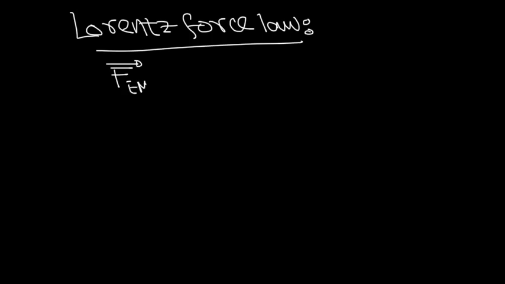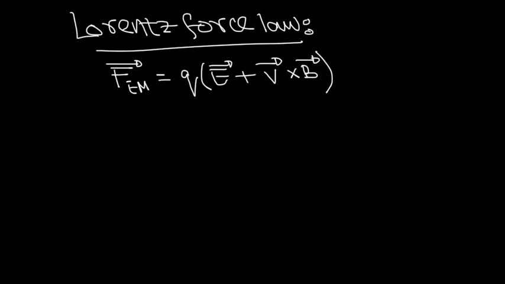If you're watching this video, you might already know it: the force of electromagnetism is F = q(E + v × B), where q is the charge, v is the velocity of the particle, and B is the magnetic field.